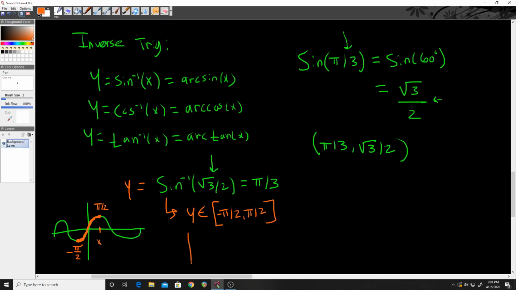Which, if we think about our little angles, that means that we're only going to be sketching angles from here to here. Minus pi over 2 points straight down, positive pi over 2 points straight up. Minus pi over 2 to pi over 2, that goes through 0. 0 is here. So we're talking about quadrant 4 and quadrant 1 for the inverse sine.